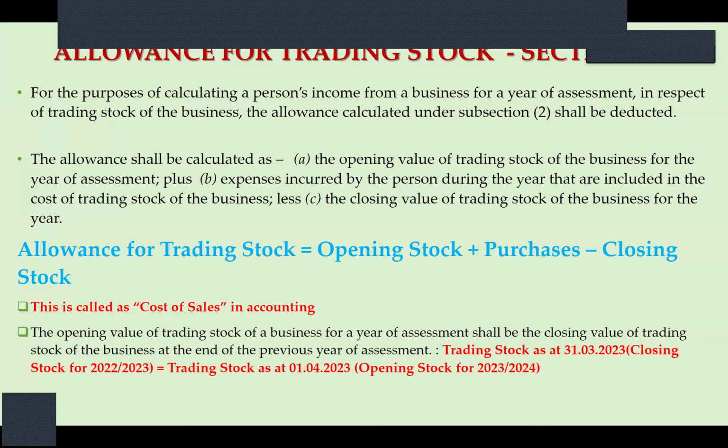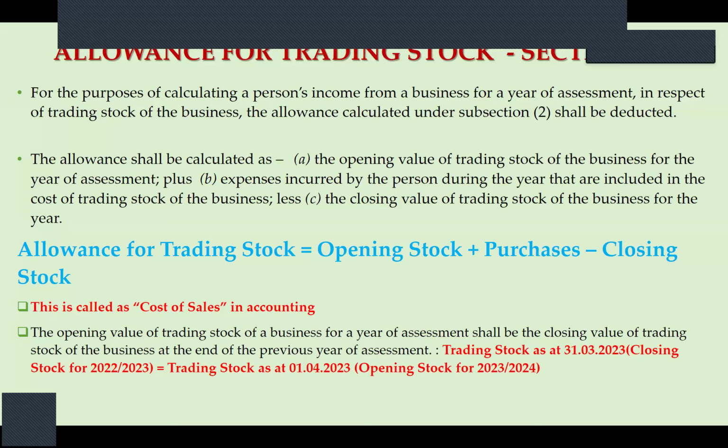If you have studied commerce subjects or accounts for your A levels or for the first degree, then you know what is trading stock. You know what should be deducted to calculate the gross profit from the turnover.